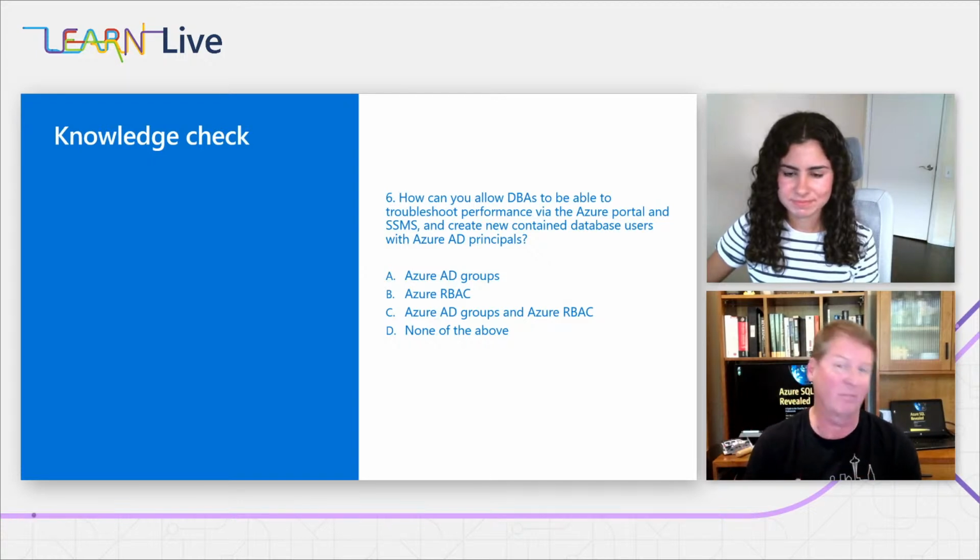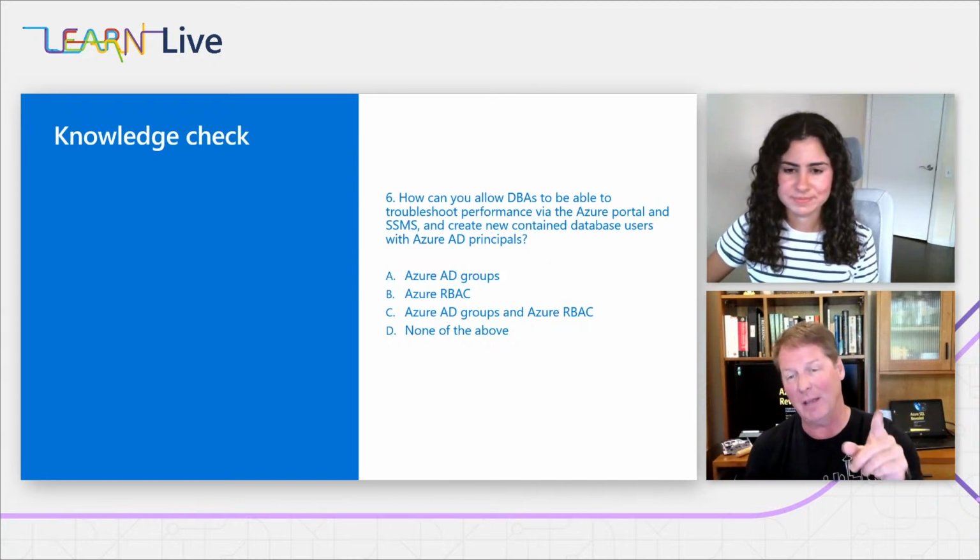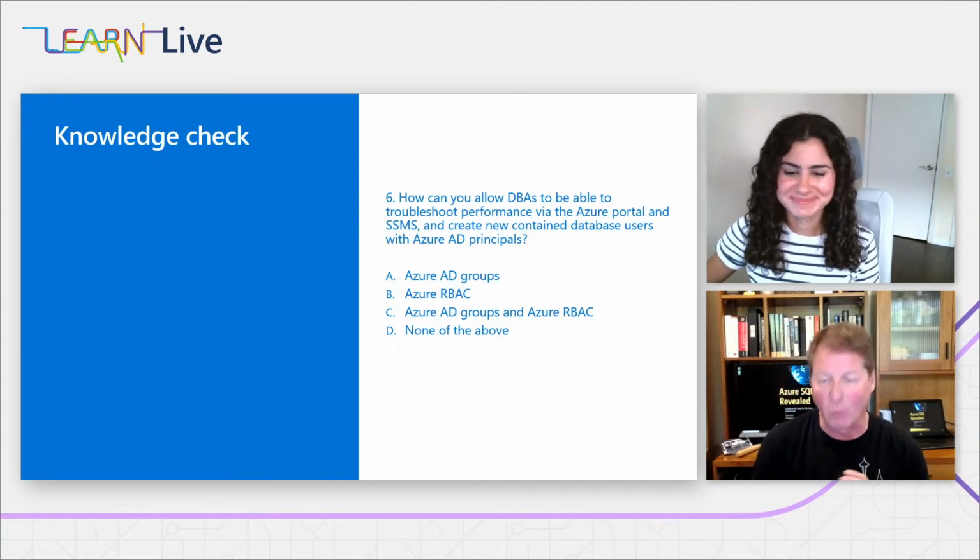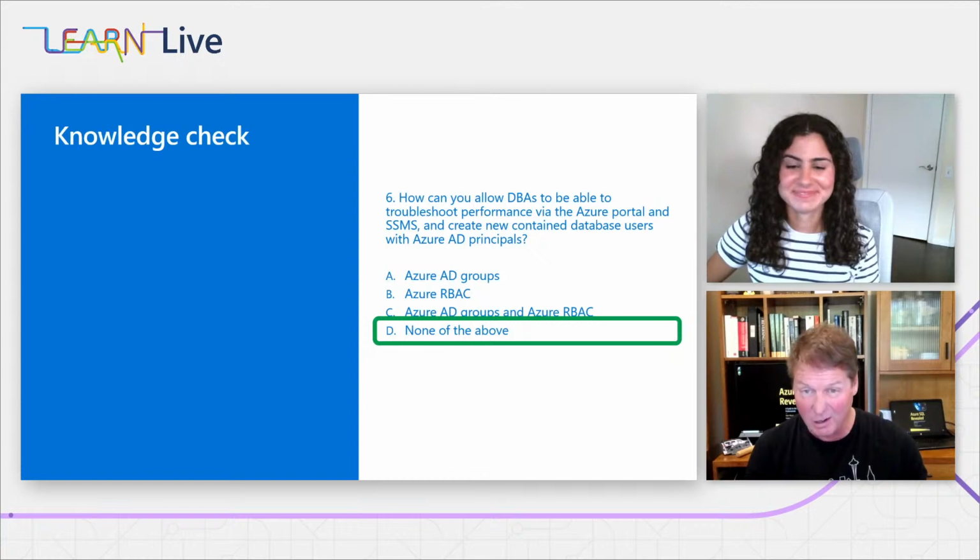I can take RBAC, for example, and assign that to an Azure user to get access in the portal to do something. And then I can use a combination of those. But none of these gave any hint about giving access to the SQL auth required to log into SSMS, and especially that admin right to go in and create these users. So once again, Anna, here you are tricking the world. Unfortunately, the answer to me has got to be D.